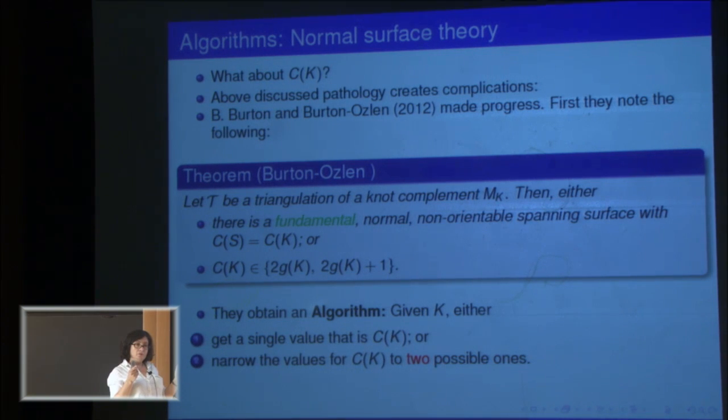If it's not boundary incompressible, then you try to normalize it and maintain the Euler characteristic, and when you get there, you find that to normalize, you need to change it. I think in a particular triangulation, you might get lucky, even though you're not guaranteed to have this thing appear.